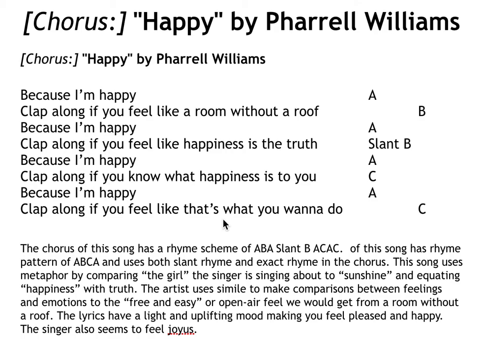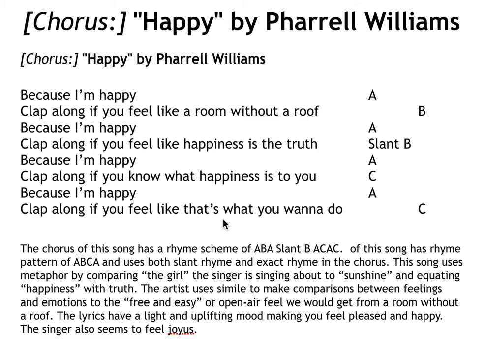Here is what your assignment is going to be for today. Find 4 to 8 lines of lyrics from a song, could be like the chorus or from the verse of a song, and map out the rhyme scheme for those 4 to 8 lines. So here's my example. It's Happy by Pharrell Williams.